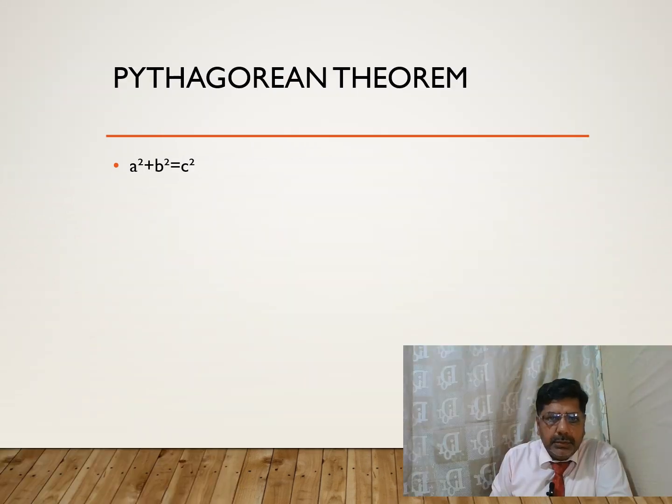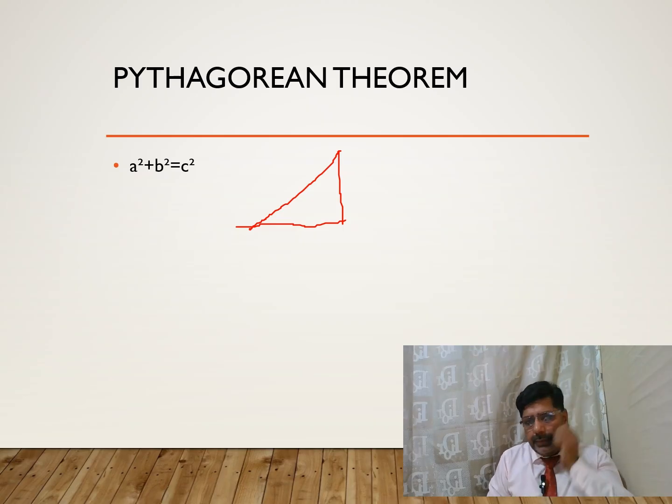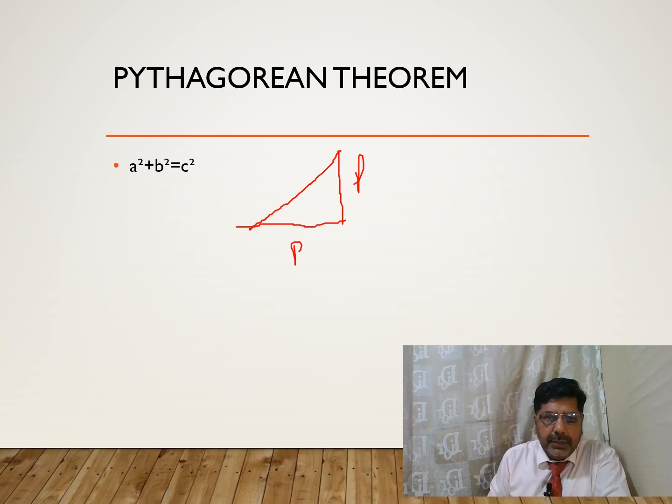Now regarding the shapes, the next shape is the triangle, and in this triangle, this is the perpendicular, this for example is the base, and this will be the hypotenuse. If you are given two lengths, you can find the third with the help of this formula.